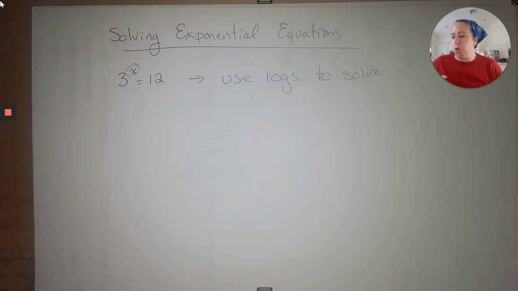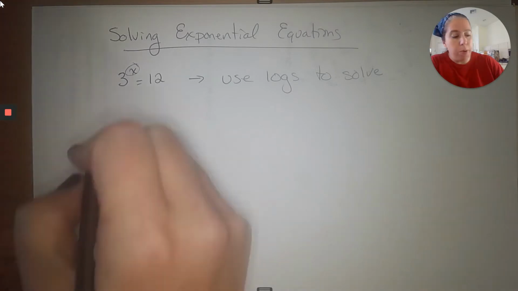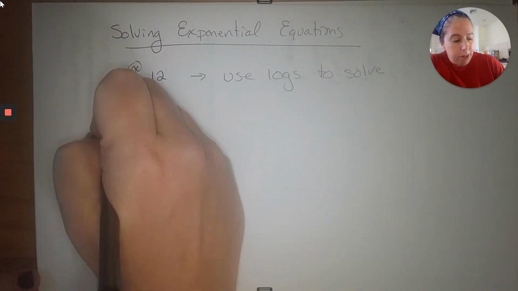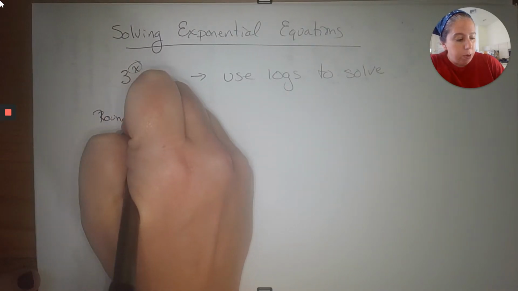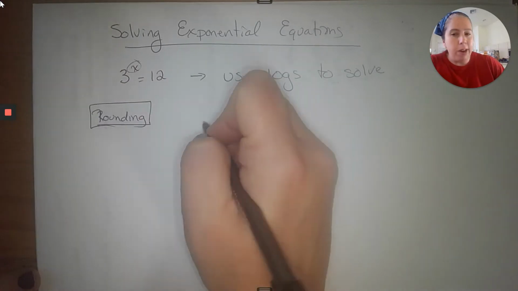Before we even talk about that, what I need to make sure everybody knows is how to use the calculator. And before we even do that, let's talk about rounding for a minute, because I have had so many questions about rounding so far.